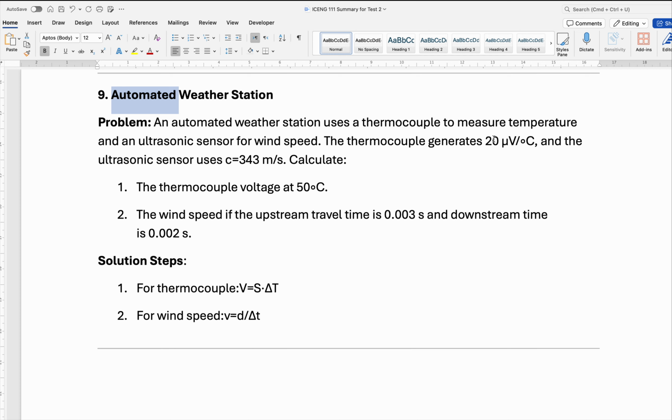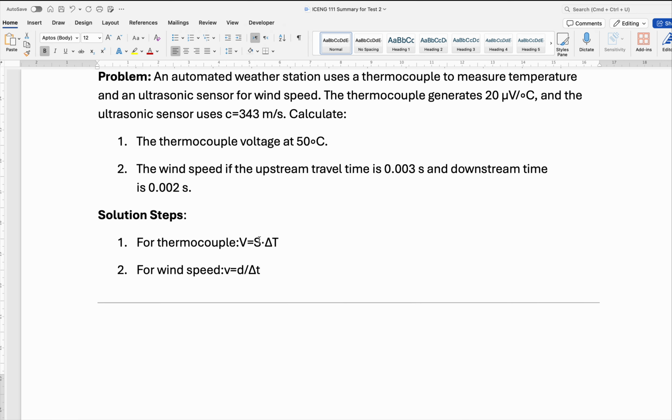The thermocouple generates 20 microvolts per degree centigrade, so we are talking here about the Seebeck effect coefficient. The ultrasonic sensor uses C equal to 343, which is the sound speed. Calculate the thermocouple voltage at 50 degrees centigrade. Now we know thermocouple V is equal to S into delta T.